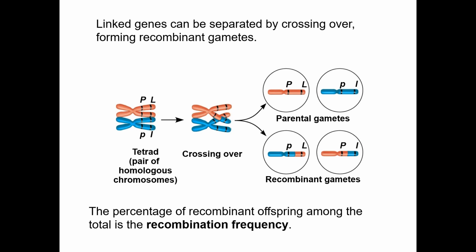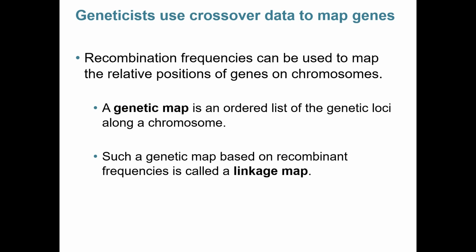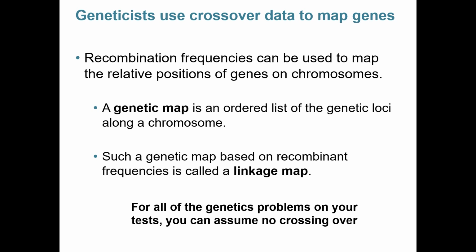We can also use information about recombination rates to tell us where genes are physically located on a map of a chromosome. But for our purposes, we are going to assume that crossing over never happens. If you're interested in recombination frequencies and how crossing over works, I recommend that you take a class on genetics where you will be taught how to calculate this.